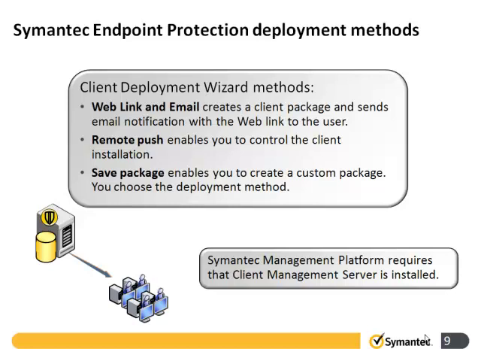This will create a client package that will then send the email with the link to the user. We could use the remote push. The remote push will enable you to control the client installation. Or we could use the save package option, which will create the custom package and save it locally for third-party deployment.